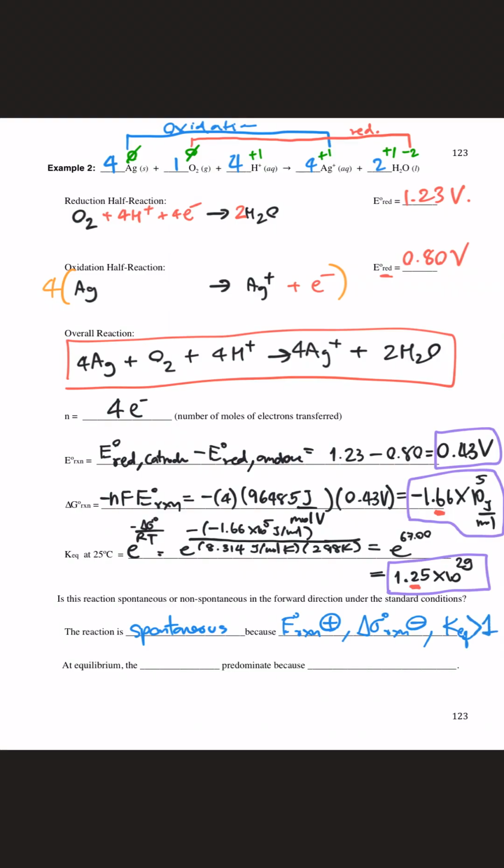So that indicates that the product is predominant at equilibrium. So at equilibrium, the product is predominant because this reaction is spontaneous in the forward direction, or the value of K eq is large.